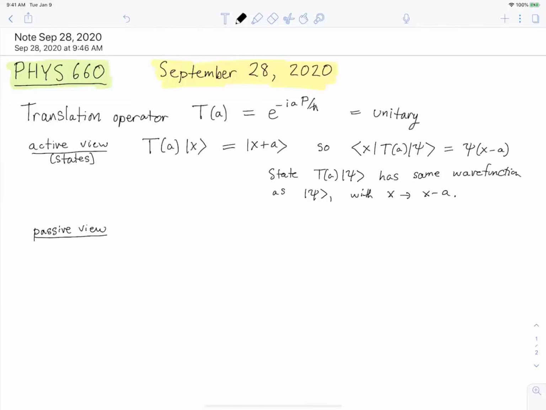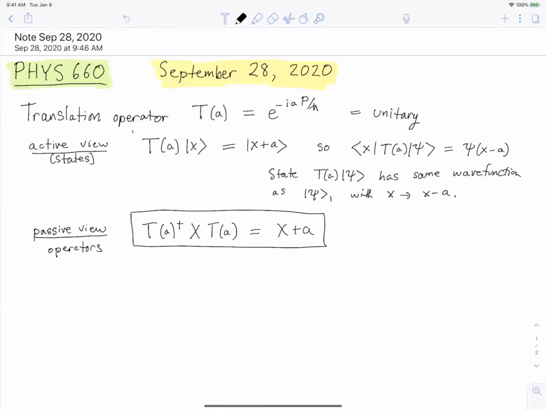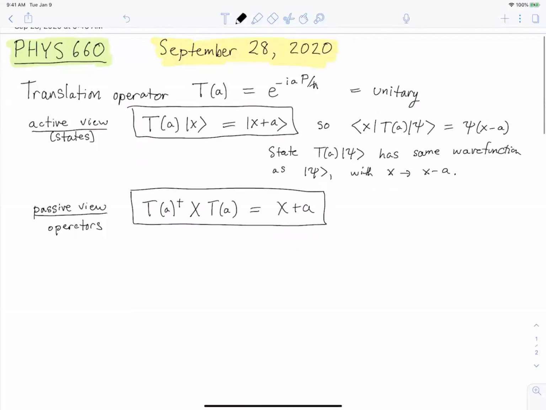So the passive view is how operators transform. Okay, and that says T_a dagger x T_a, that operator combination, is just x plus a. Okay, so this is the passive view, this is the active view. And I want to emphasize both of those equations are equally valid and they're always true. But it's just that they summarize in different ways how translations work.